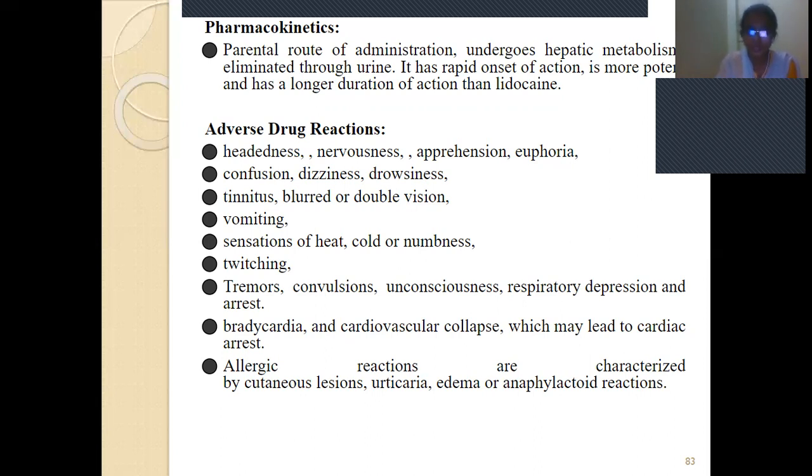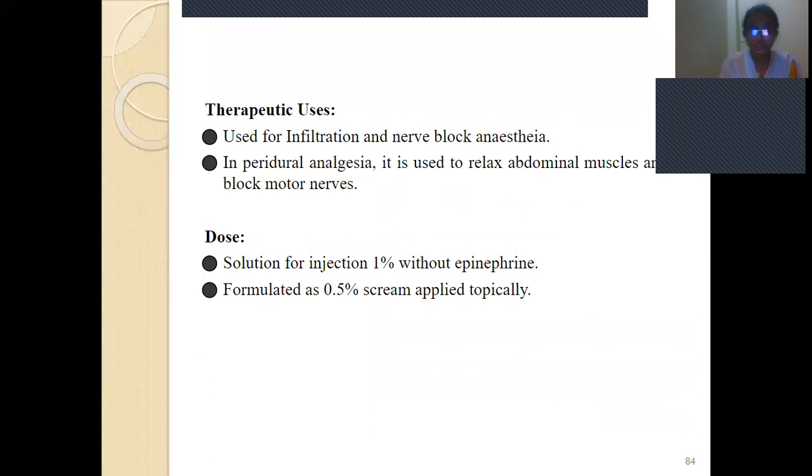Adverse drug reactions are headache, nervousness, confusion, dizziness, drowsiness, blurred or double vision, tinnitus, vomiting, sensations of heat and cold, tremors, convulsions, unconsciousness, respiratory depression, bradycardia, and allergic reactions. Uses: nerve block anesthesia and infiltration anesthesia. It is mainly used to relax the abdominal muscles, and it also blocks the motor nerves.